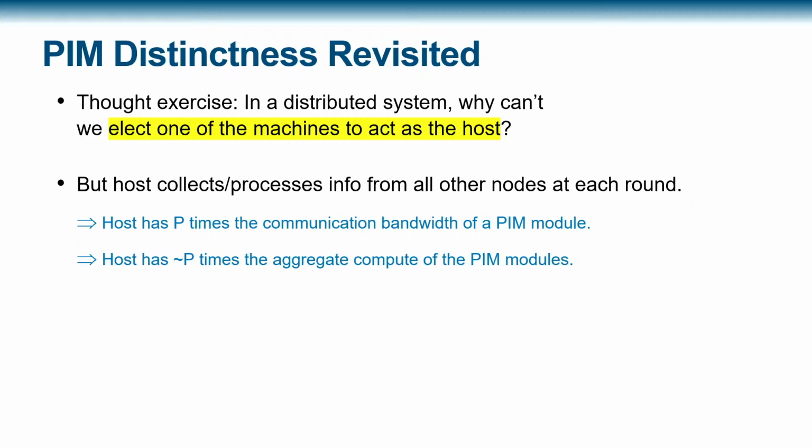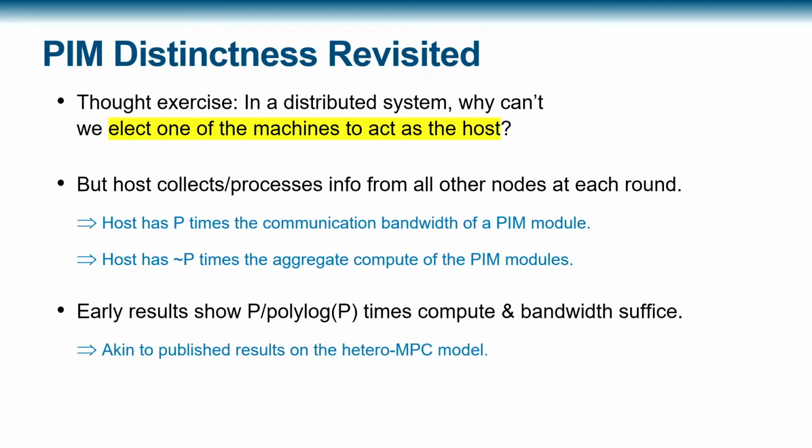Again, there's this asymmetry, and the question is, how much asymmetry do we need? The model has factor P asymmetry between the host and the PIM modules. We've shown that we can get away with P over polylog P, right? So if the host is say only P over log P more powerful, has more bandwidth, our algorithms work just fine.